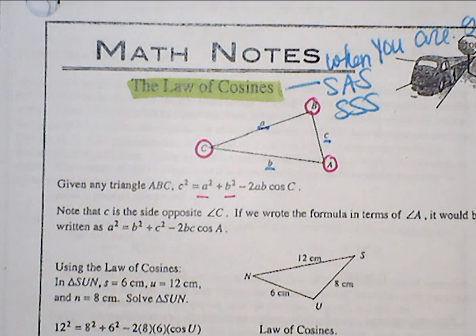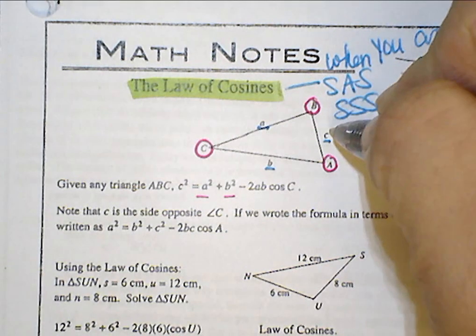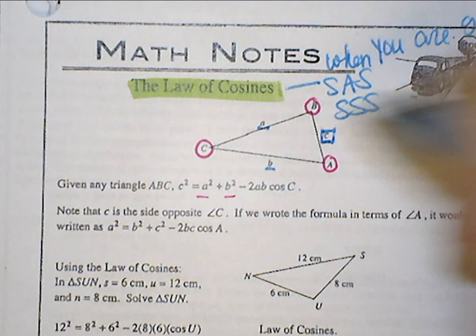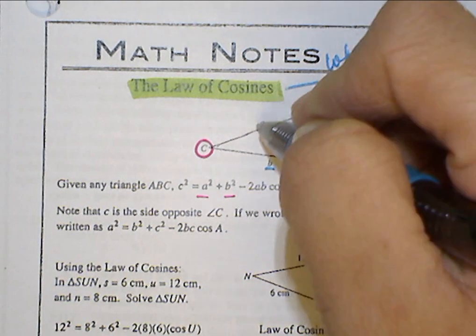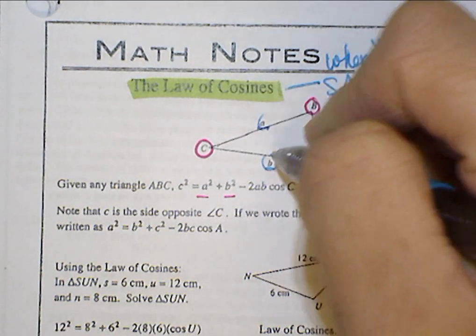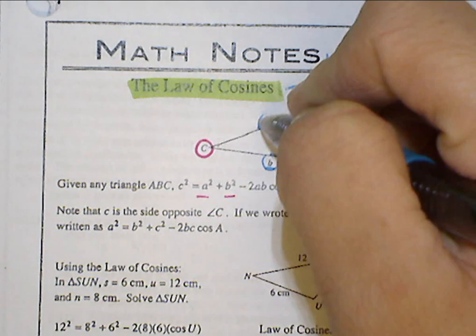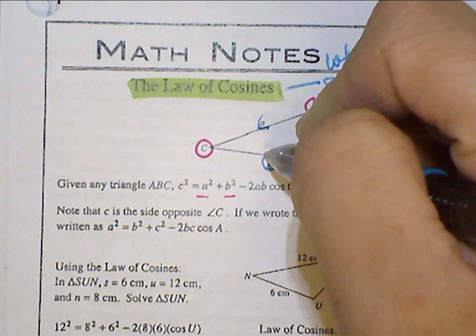Think of it like this: c squared equals a squared plus b squared minus 2ab times cosine of the angle that's in between a and b. We could do that with any other side.